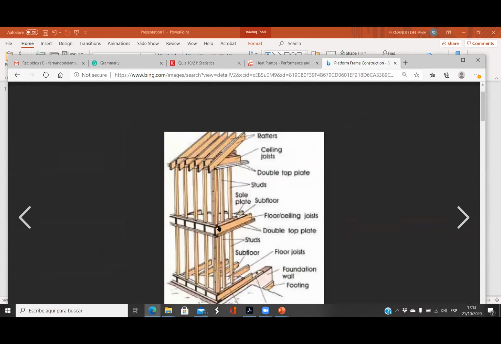When we have a floor, a horizontal floor, we have joists. And when we have vertical elements, we have studs. Okay. So we mentioned rafters on the first assignment because we were working with a roof. But now if we're working with a wall or we're working with a floor slab, we can either have joists or studs.